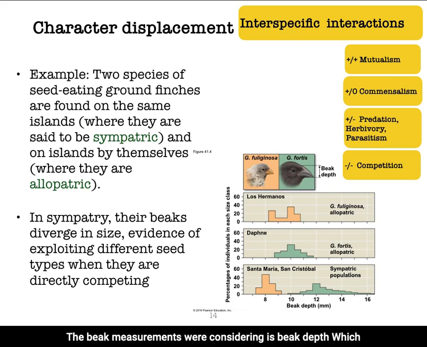The beak measurement we're considering is beak depth, which is shown on the illustration for Fortis. A larger, deeper beak can enable a bird to crack harder seeds, but may affect handling of smaller seeds. The three panels below show histograms of beak depth for 3 different island populations of finches.